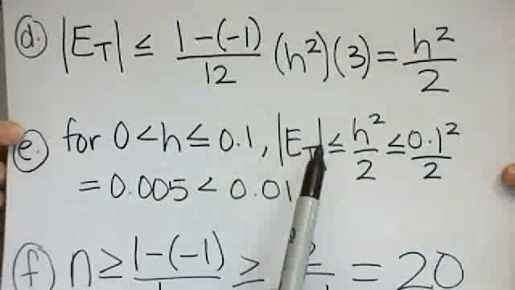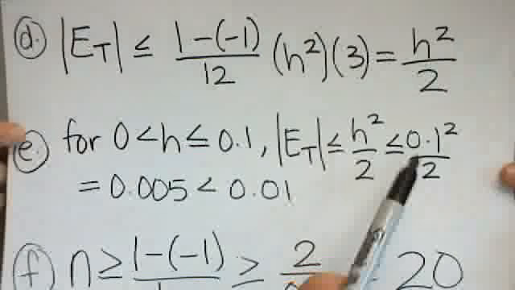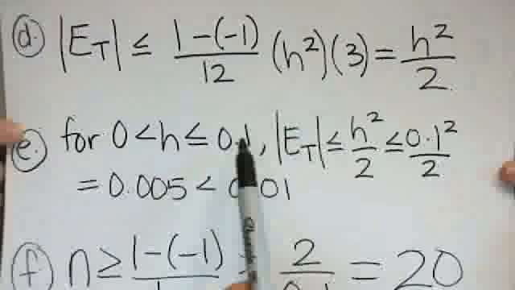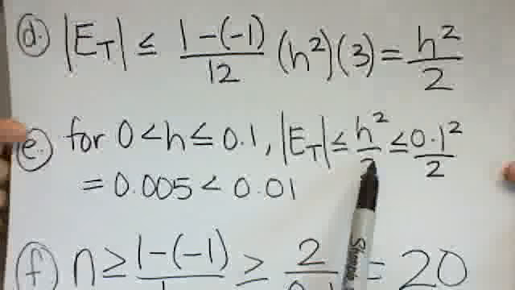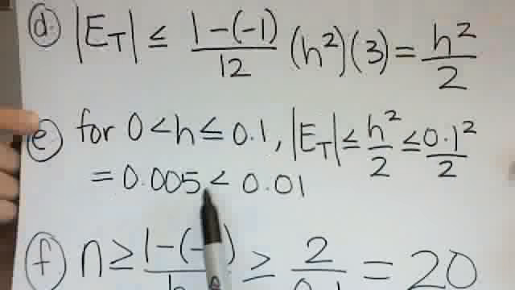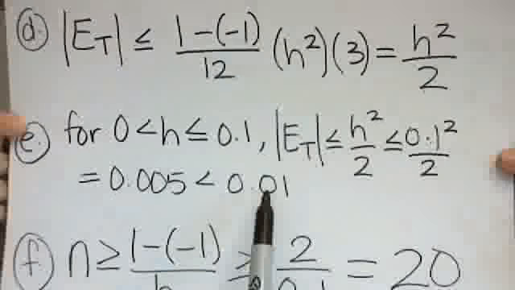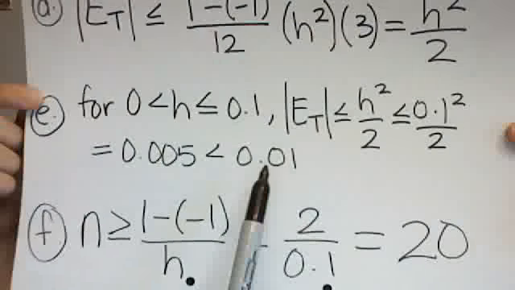You put in the boundary, 0.1 squared over 2, set that less than or equal to the bound, and you solve, and you get 0.005 is less than 0.01, and that shows that the error will be less than 0.01 as they asked for.